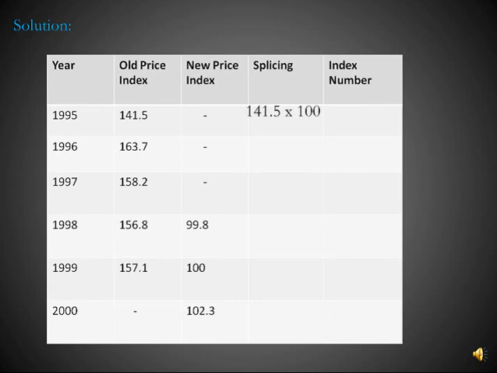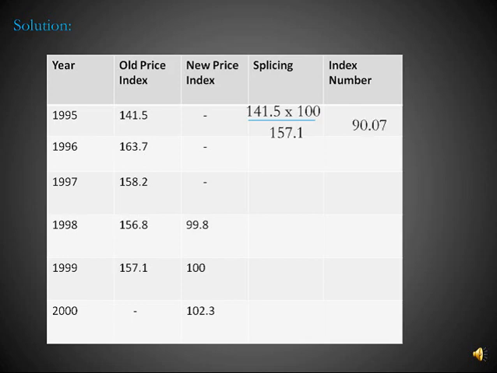Now for year 1995, its old price index number was 141.5. So its P1 will be 141.5 and P0 will be 157.1. What is this 157.1? This is the old price index number of 99, because you have to change the base to 99. So you will take its price as P0.